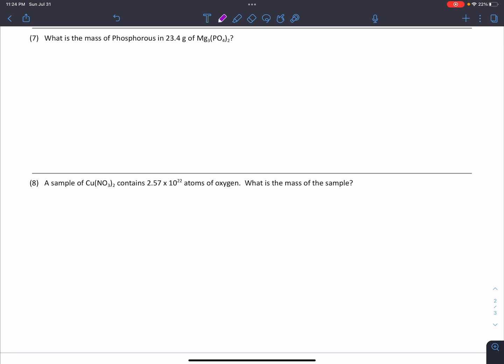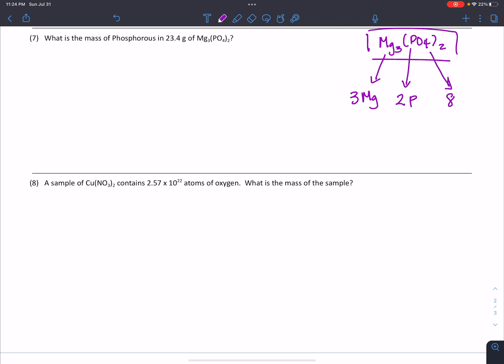All right, so if we have a molecule of Mg3PO4 and we took that singular molecule and split it into all of the different atoms, we would find that we would have 3 atoms of magnesium, we would have 2 atoms of phosphorus, and we would have 8 atoms of oxygen.